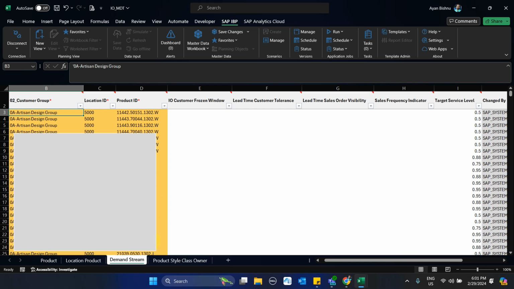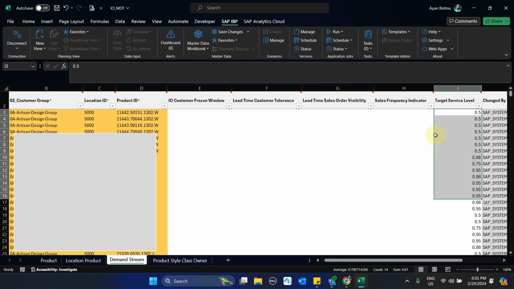So in a customer master, you will generally get a customer group, and based on that customer group and location product combination, you define this combination in master data, and based on this combination you define the TSL or the target service level. Now how this target service level is determined, again it's a business specific logic.